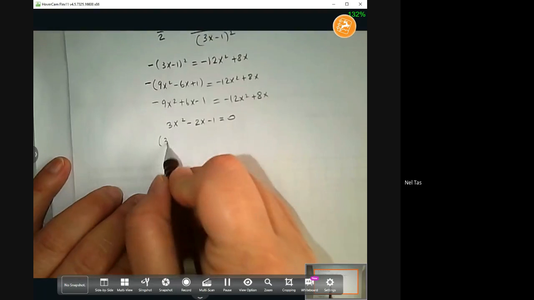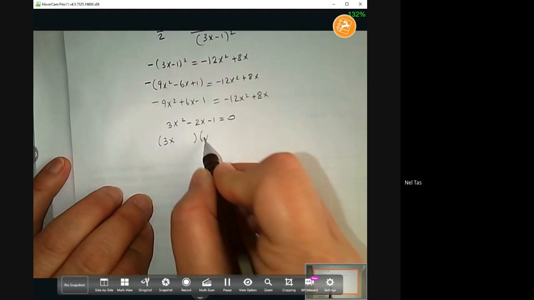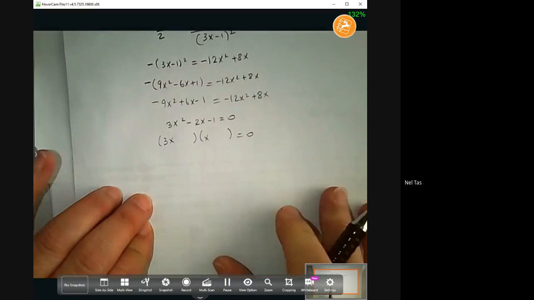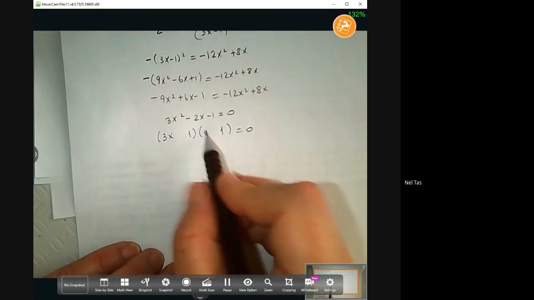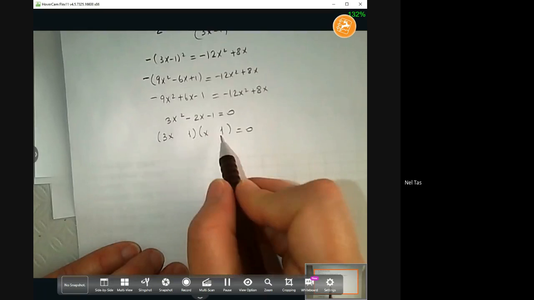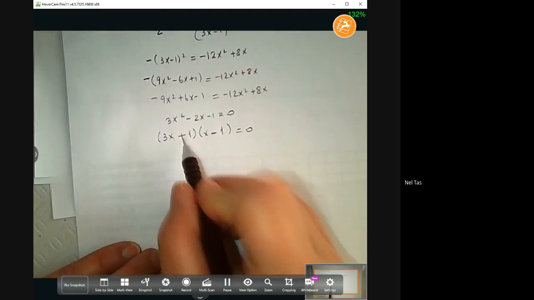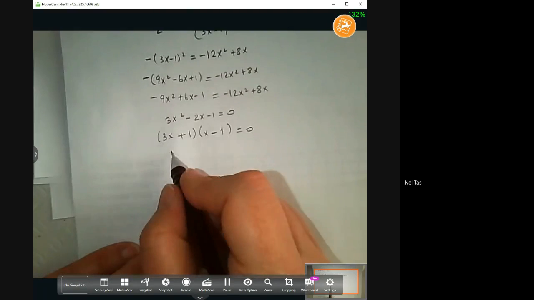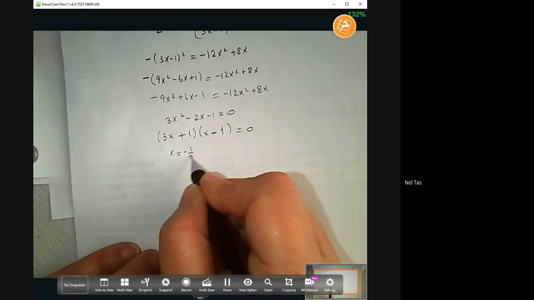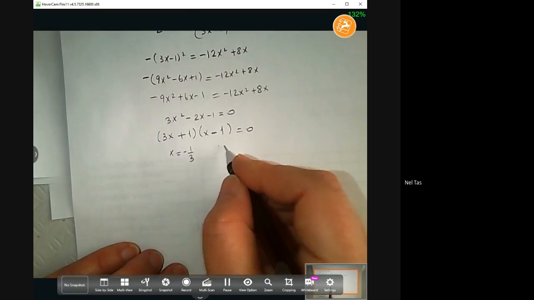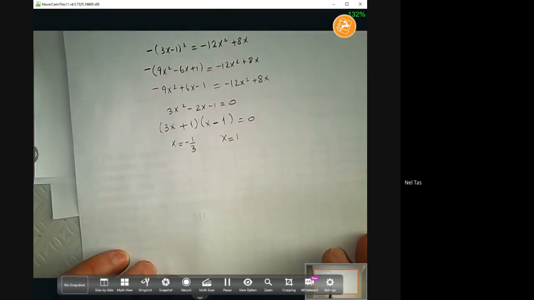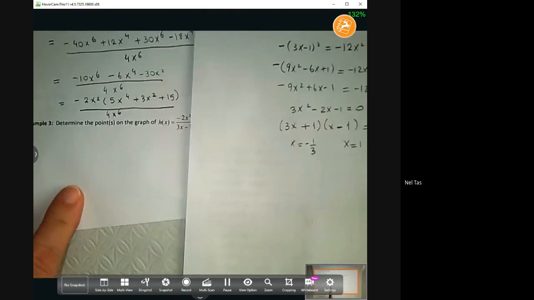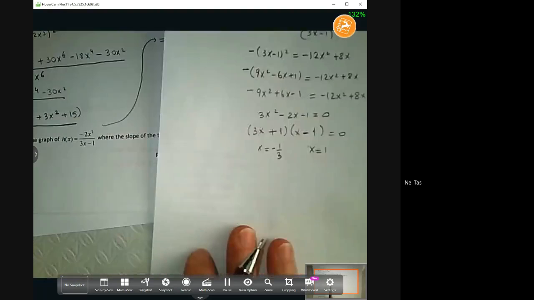So let's factor it. Okay, so 1 and 1, so negative 2x, so this might be negative, positive. So we get 2 x values, x being negative 1 over 3, and x equals 1. Now we are going to get the y coordinates of those points. So we're going to sub into the original function here.